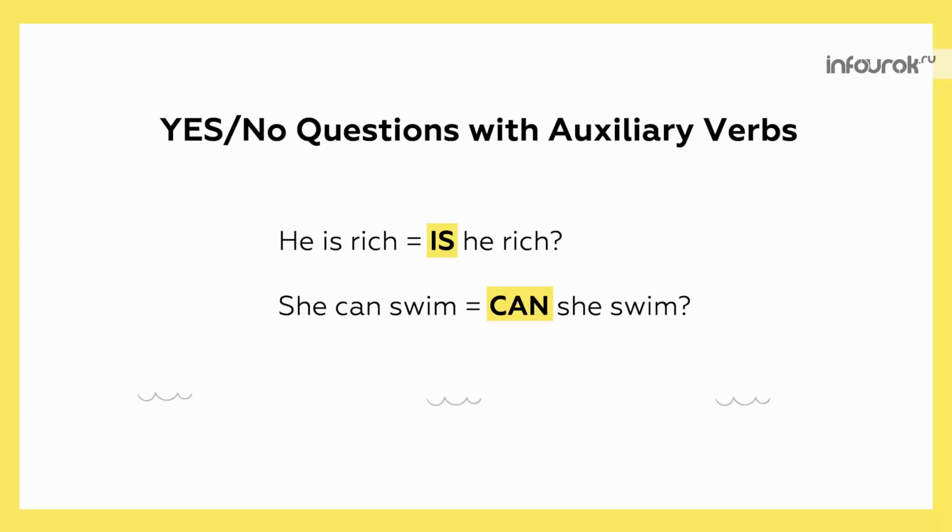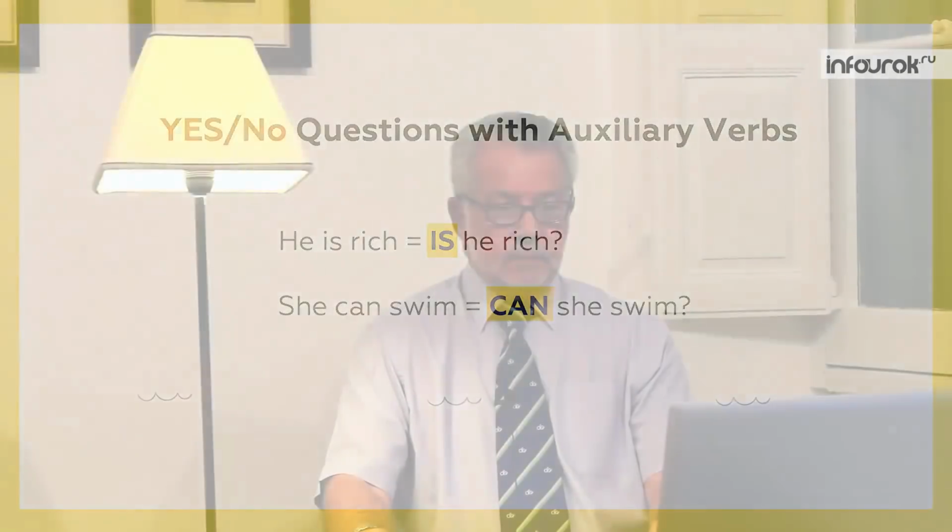And that is called a yes-no question because the answer can only be yes or no. We can also have another sentence with a modal auxiliary, which operates in the same way as the main auxiliaries. She can swim. We take the auxiliary can, move it to the front, in front of she, and it gives us can she swim? Another yes-no question, because the answer can only be yes or no.